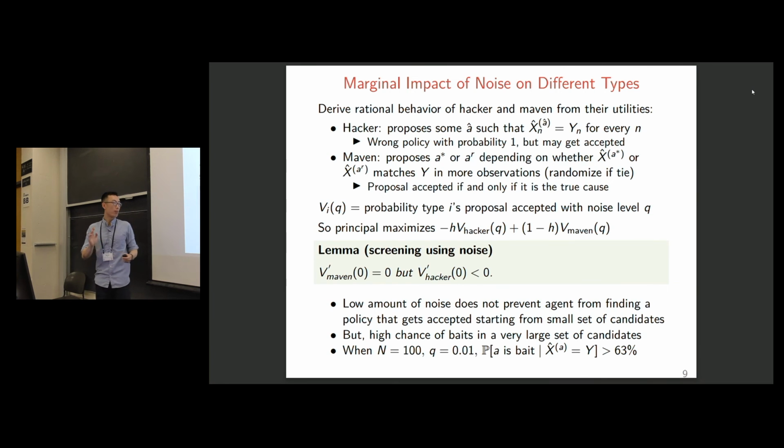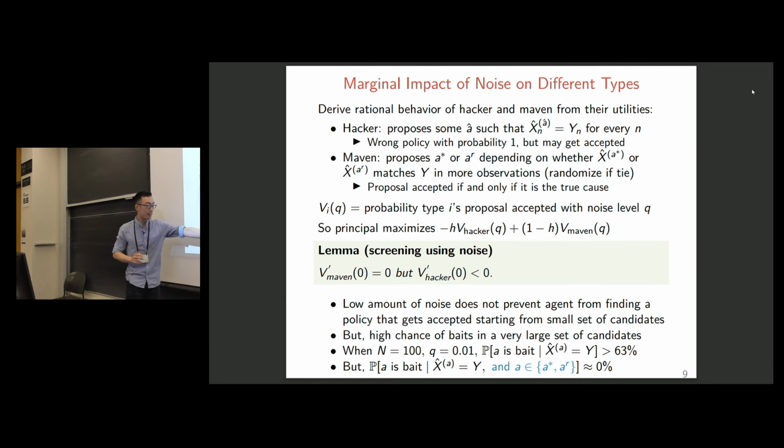But what's the probability if I additionally condition on the fact that this A, which happens to match exactly, is one of the two things which the Maven theory says are the candidates? In other words, I start with a very small set of candidate hypotheses. The answer becomes roughly 0%. That is, if I had a small set of ex-ante hypotheses that I'm checking, as opposed to exhaustively checking everything, then essentially I'm not affected by noise.